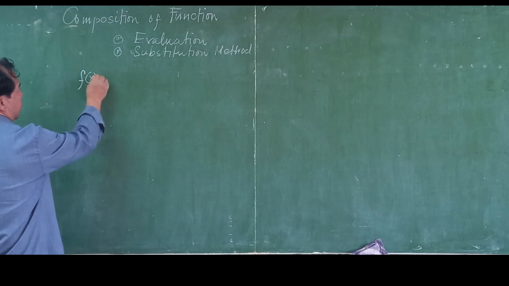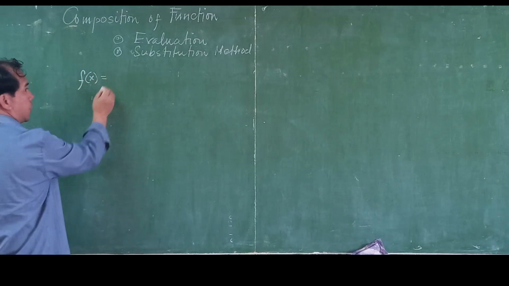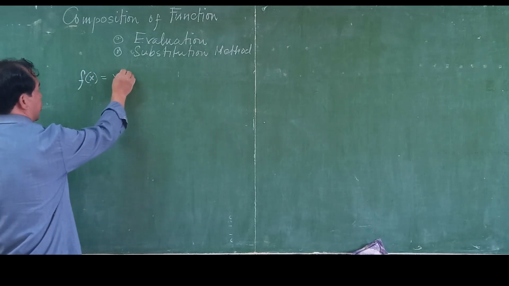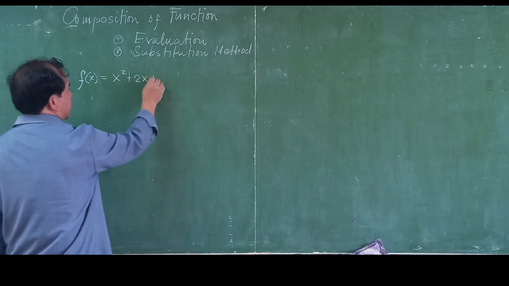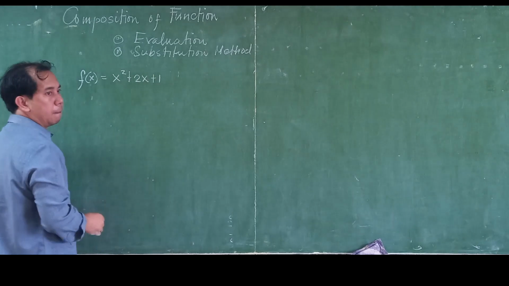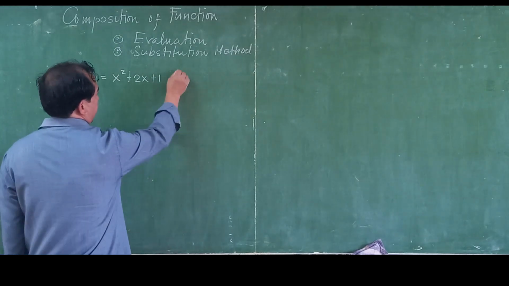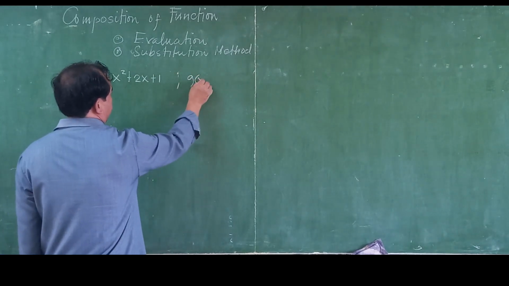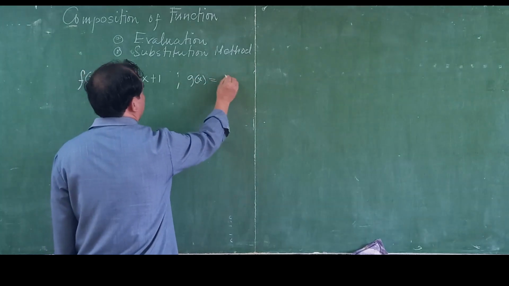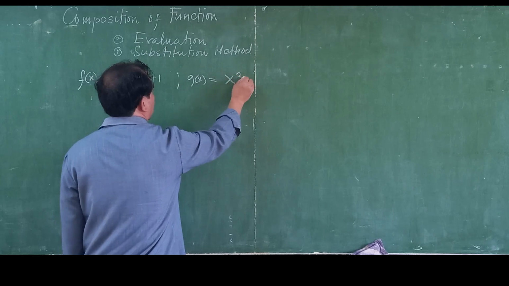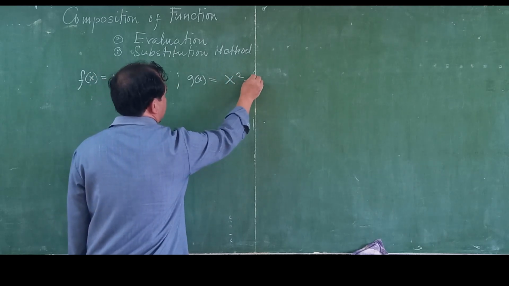Our function is defined to be f of x is equal to x raised to 2 plus 2x plus 1. And another function is g of x is equal to x raised to 2 minus 1.